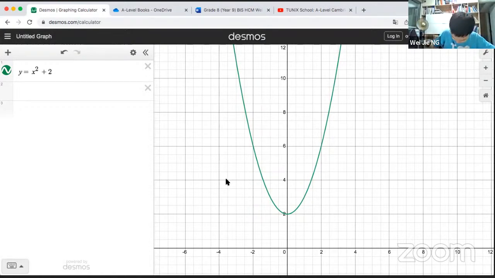Let each be 2: 2, 4, 6, 8. Okay, this is 1, 2, 3, and negative 1, negative 2, negative 3.